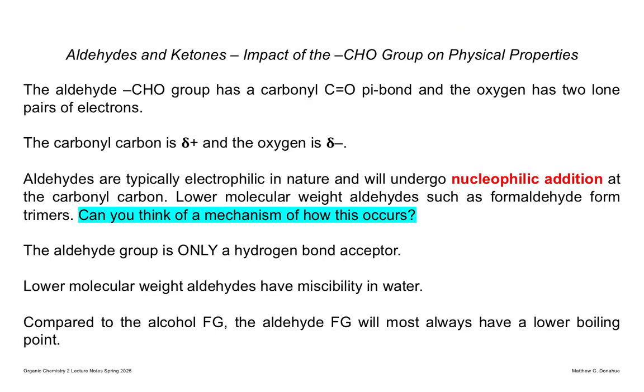So how does the CHO group impact the physical properties? We've seen before that the oxygen of the carbonyl is delta minus, the carbon's delta plus. So that means that carbon is electrophilic and that nucleophiles will add to it.